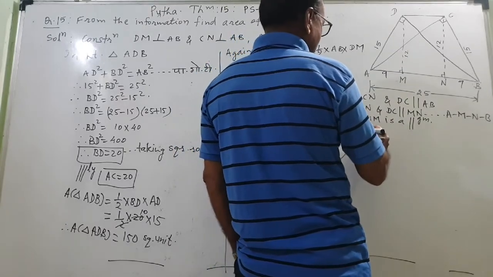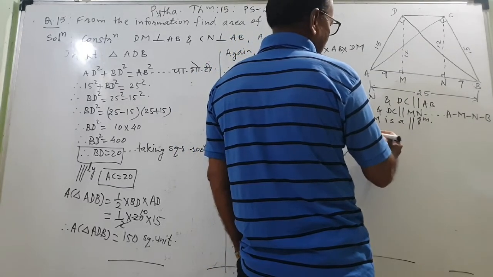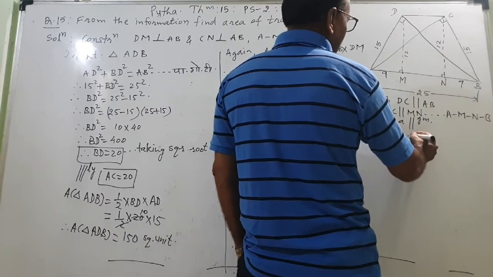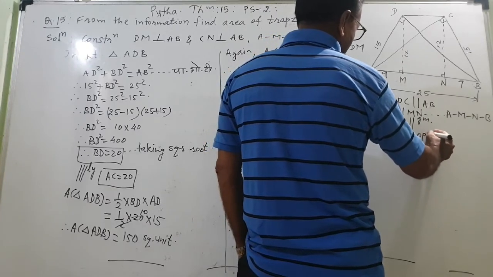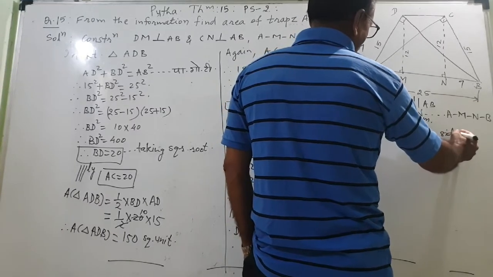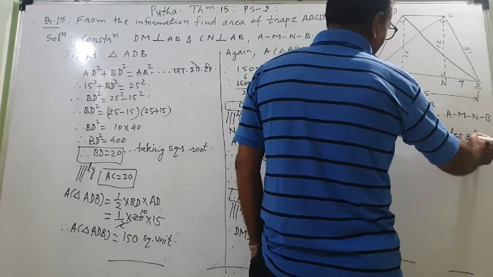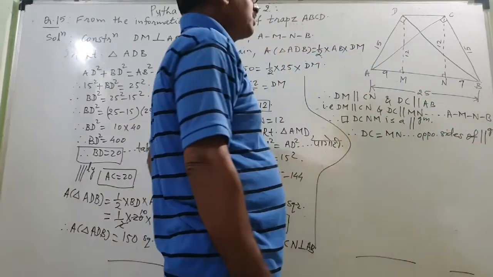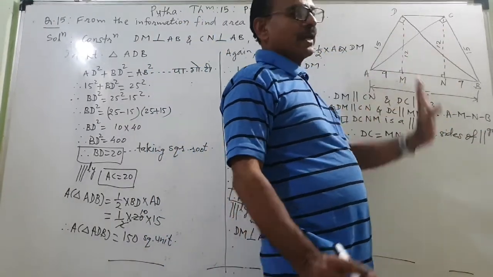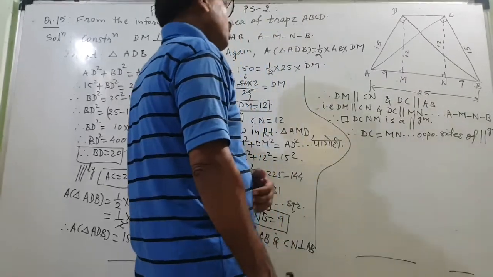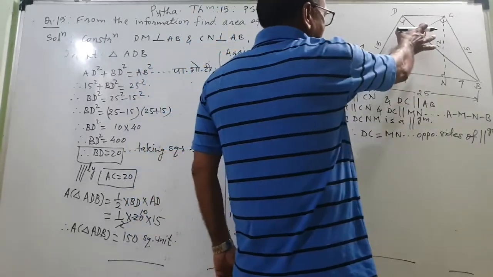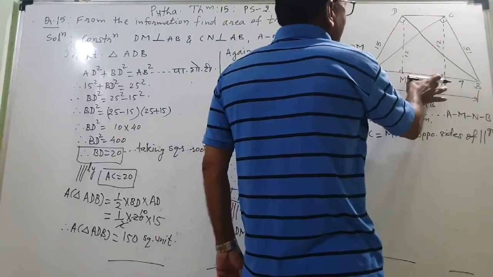Therefore, DC equal to MN. These are opposite sides of parallelogram. This is a parallelogram, rectangle also you can say. Okay. Now how much is DC? I will find first of all MN.